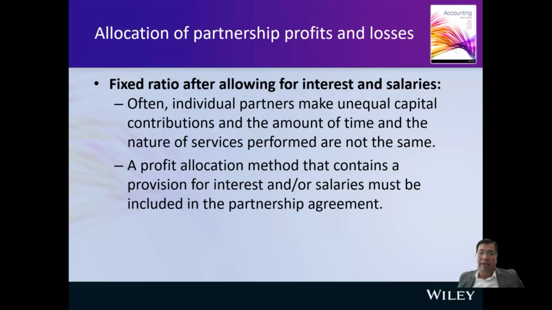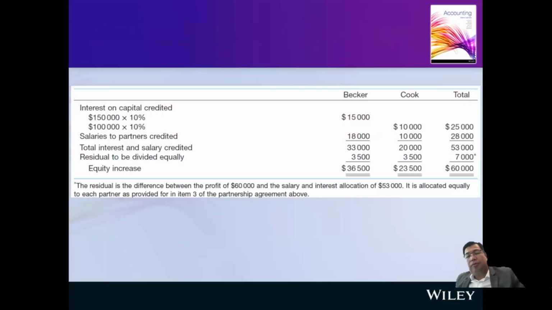So we have another method here, that is after allowing for interest and salaries. A profit allocation method that contains a provision for interest and/or salaries must be included in the partnership agreement. So for example, the interest on capital, the new item here.